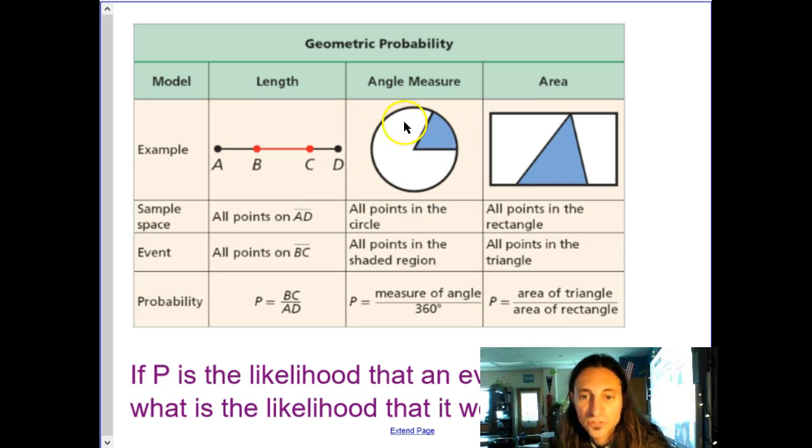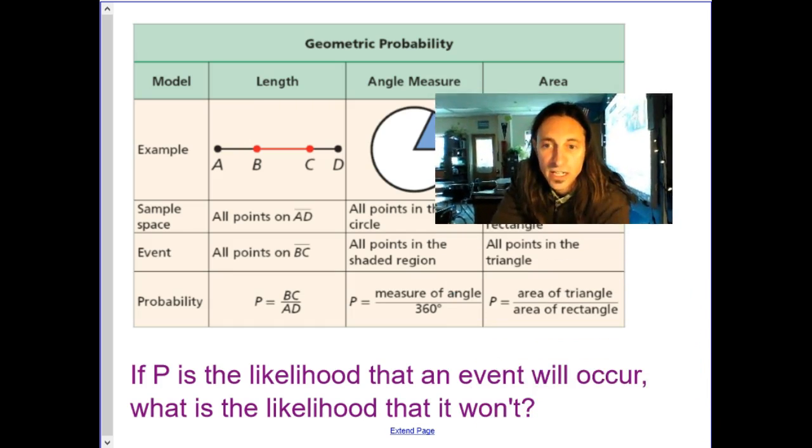Here on a circle, what you're saying is, well, this portion of the circle, which would be the measure of that angle out of 360 degrees. And when you get into area, you're saying, given that we land in this rectangle, what's the probability that we land in this blue triangle? Well, it would be the area of the triangle over the area of the rectangle.